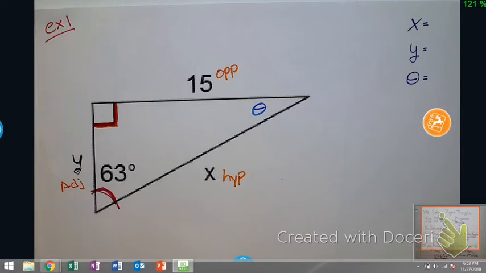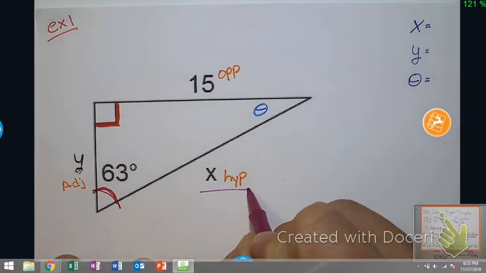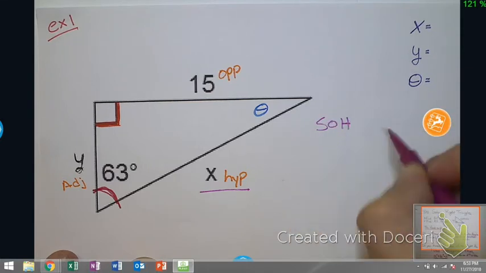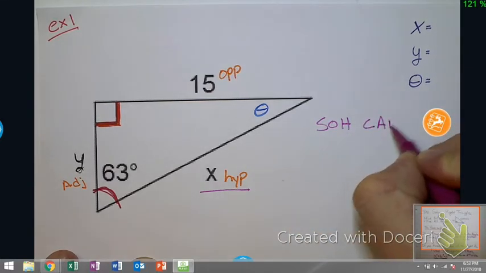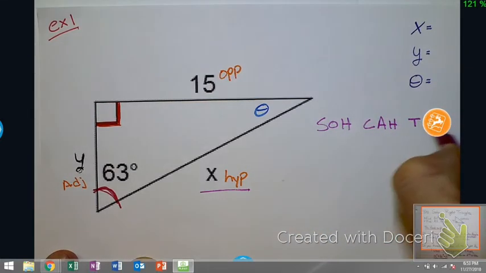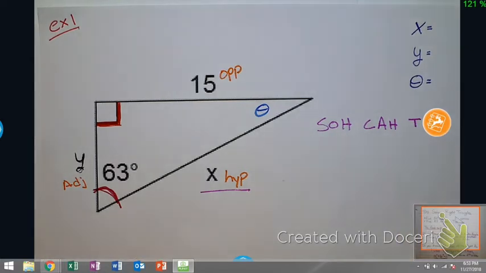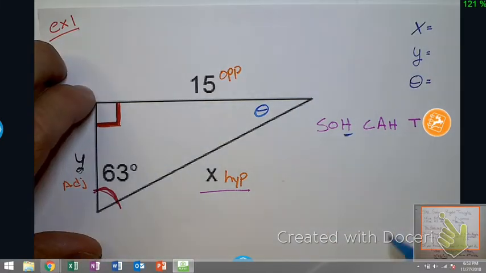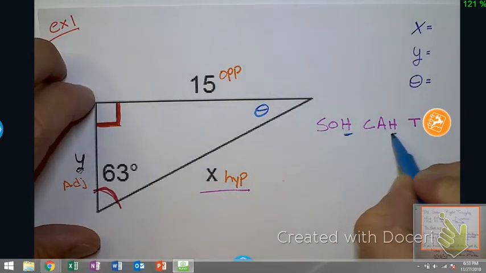First, I'm going to solve for x, the hypotenuse. I could solve for y first, the adjacent side. It doesn't matter which one you do first. I want to solve for the hypotenuse. Using SOHCAHTOA, the hypotenuse shows up in SO and it shows up in CA.